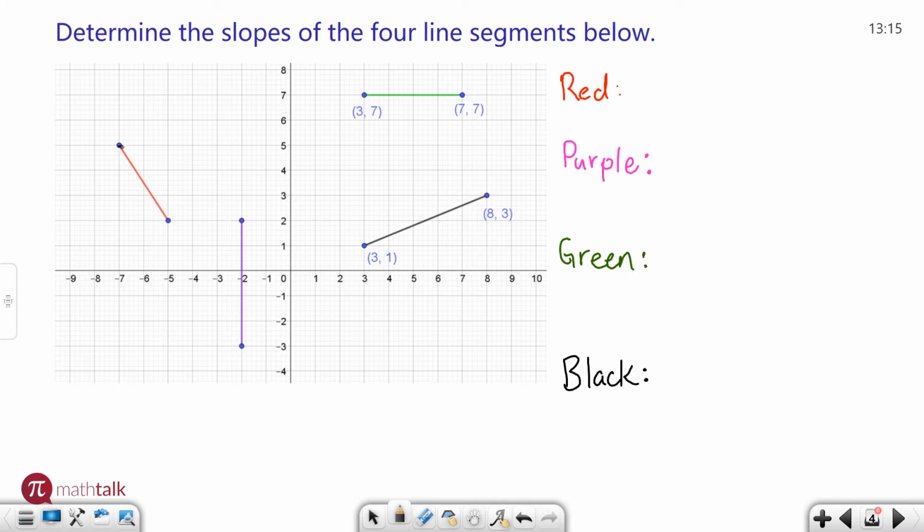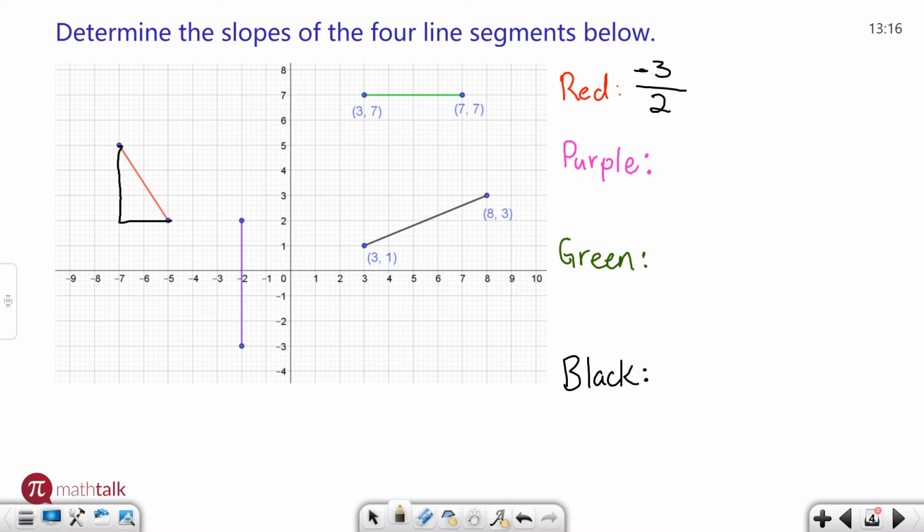And so for that, I'm just going to draw a line 1, 2, 3 down, and 1, 2 to the right. So I went 3 down, which is a negative 3, and then I went 2 to the right, which is positive 2. So my slope is negative 3 over 2. And remember, a negative slope moves down to the right, like that line segment does.